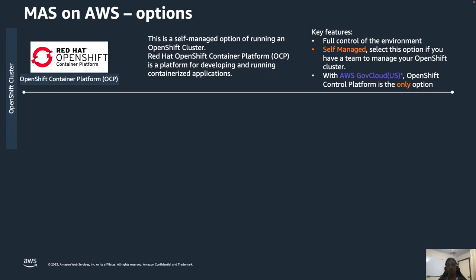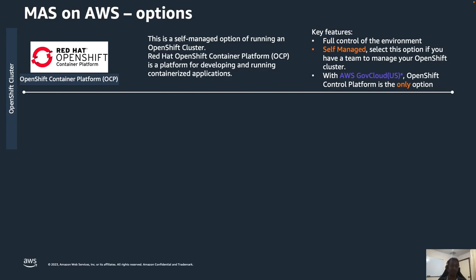Now, when we talk about the OpenShift cluster, there are two options available to customers. The first option is Red Hat OpenShift Container Platform, also known as Red Hat OCP. Red Hat OCP is a self-managed offering for the OpenShift cluster, which basically means that the customer gets full control of their environment, of the Kubernetes implementation.